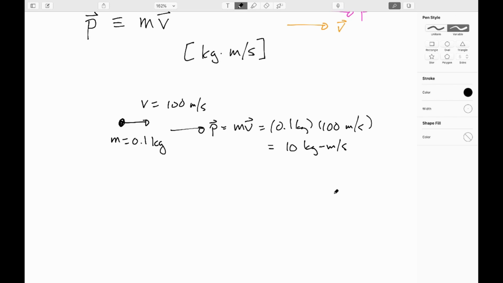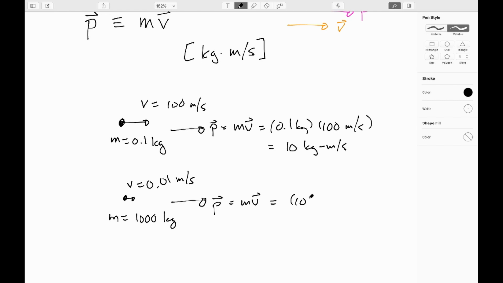But on the flip side, we could imagine, say, an object that has a mass of 1 metric ton. 1 metric ton is 1,000 kilograms. And we can say it's moving very slowly at, say, 0.01 meter per second, so 1 centimeter per second instead of 100 meters per second. Well, let's go ahead and figure out the momentum, shall we? p equals mv.